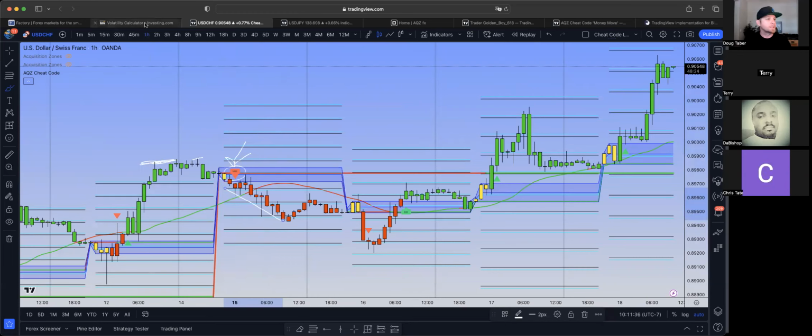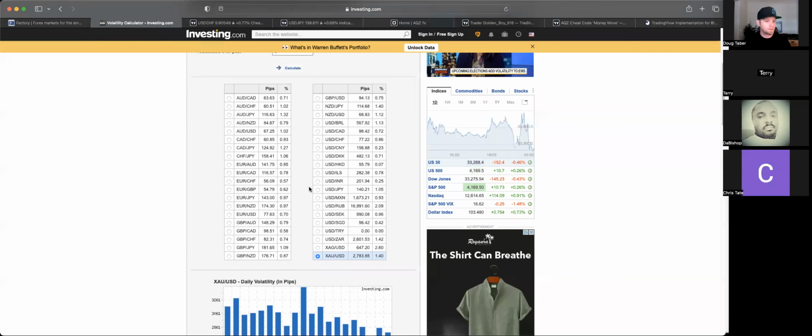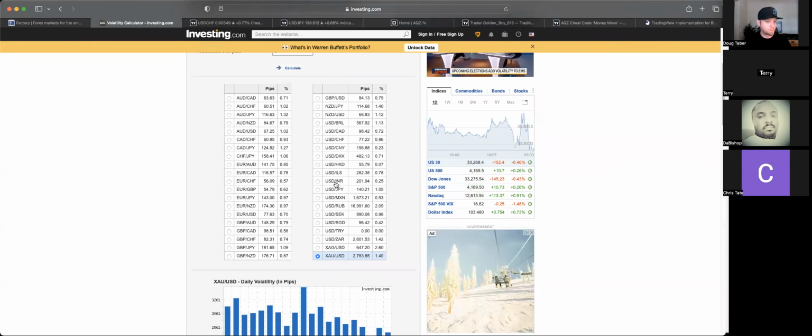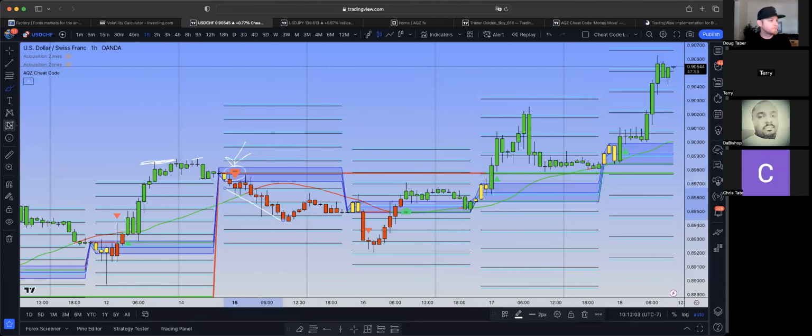We're looking at USDCHF. 77 pips. 77 times 0.75 is 57. 77 divided by 2 is 38. So we're looking for 38 to 57 pips.